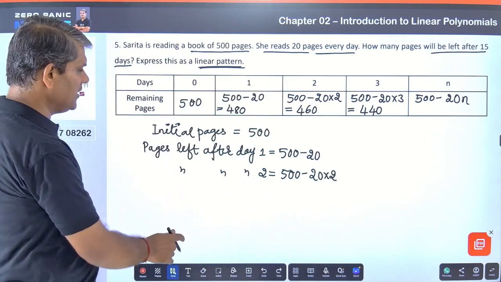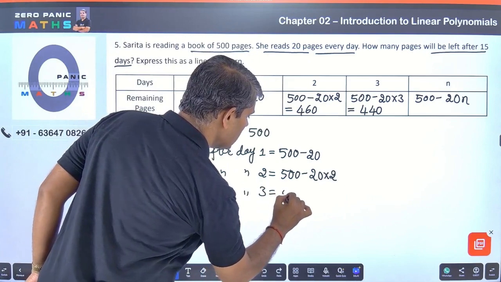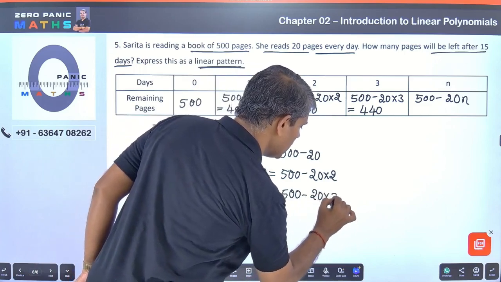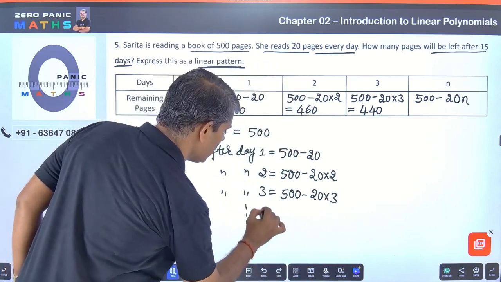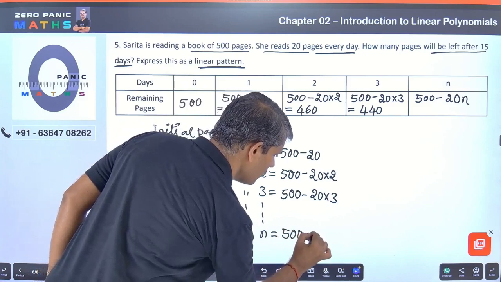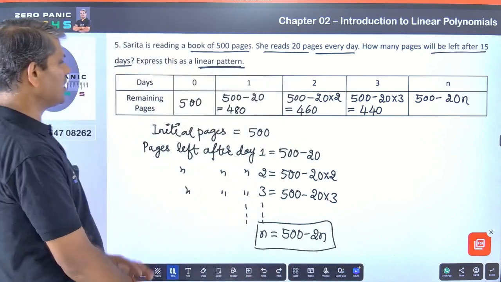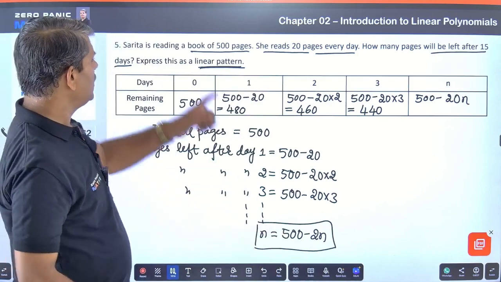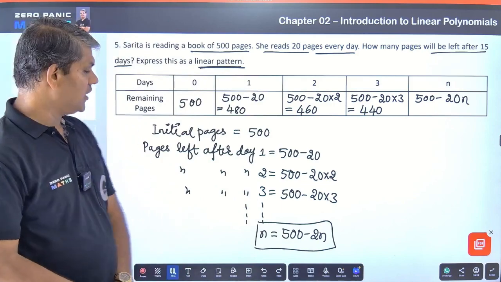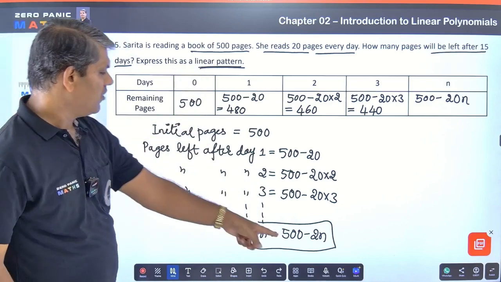You have to write it in this descriptive pattern, because this is the problem for a descriptive answer. So 500 minus 20 into 3. And in this pattern, if you consider after the nth day, it is 500 minus 20n, and this is the linear pattern that is observed to represent this problem. Okay, you understood this? So you can finally write this as the answer, linear pattern 500 minus 20n.